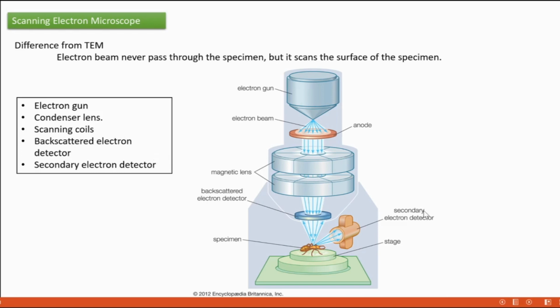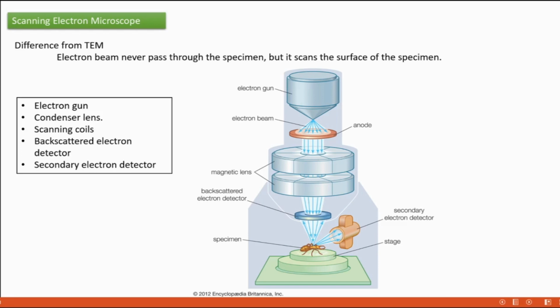And as the beam hits the specimen, here it is not passing through the specimen. But what's happening? Three changes mostly happen to the electron beam that is hitting the specimen. What are those changes?